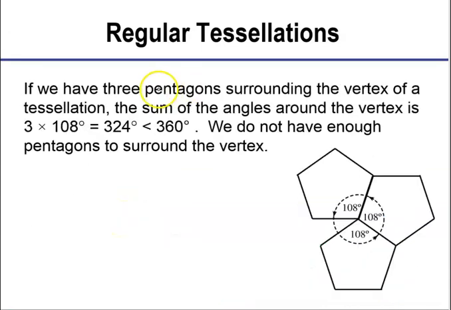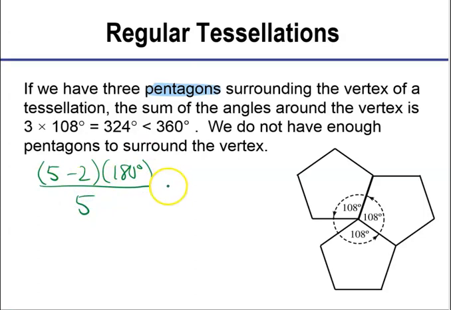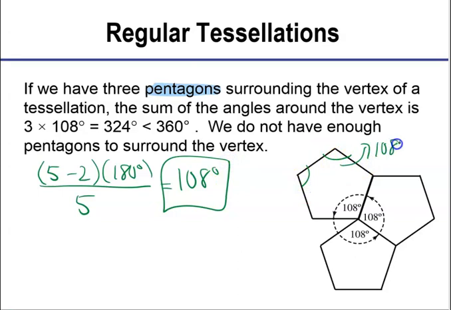This time let's think about pentagons. Remember, pentagons have 5 sides. I could calculate that angle. The formula would be 5 minus 2 times 180 degrees divided by the number of sides, which would be 3 times 180 divided by 5, which is actually 108 degrees. So each angle is 108 degrees.